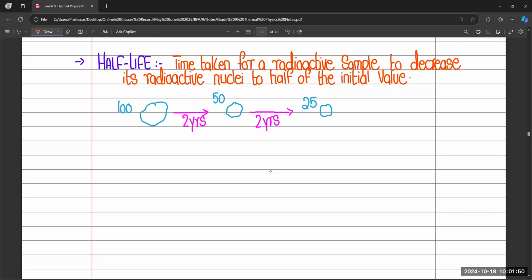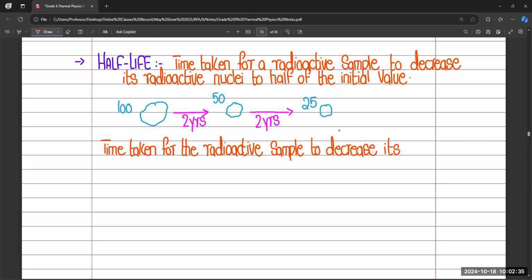For example, we can write the definition: time taken for the radioactive sample to decrease its activity to half of its initial value.